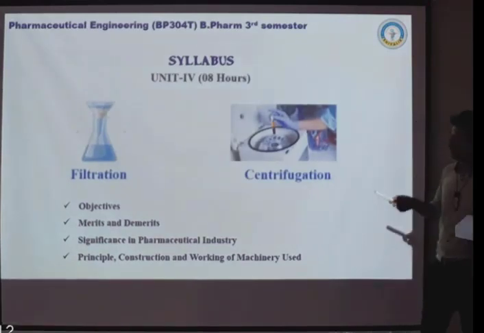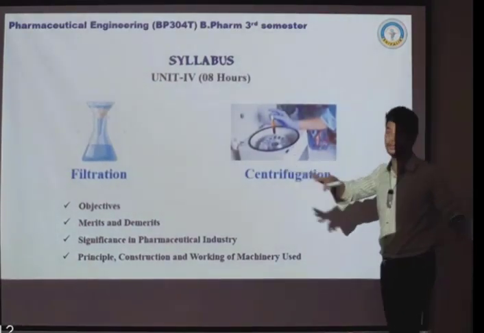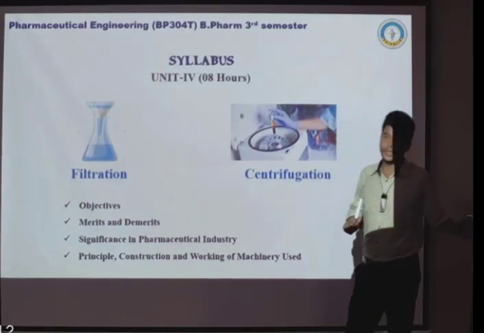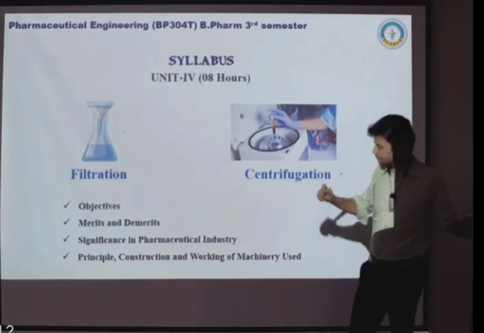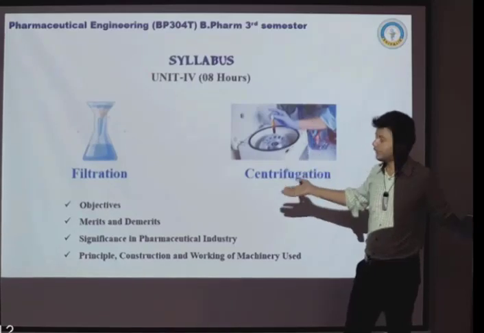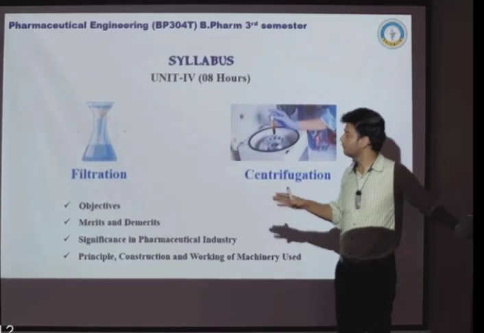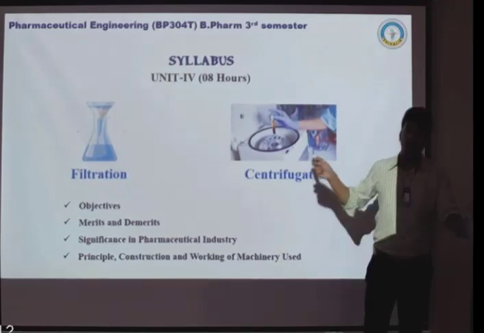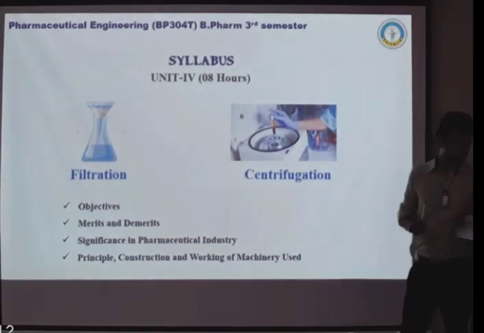In unit 4, we will be discussing unit operations. Filtration is a unit operation and centrifugation is a unit operation. Again, the objectives, merits, demerits, significance, and the machinery used for filtration and centrifugation we will be studying in unit 4.